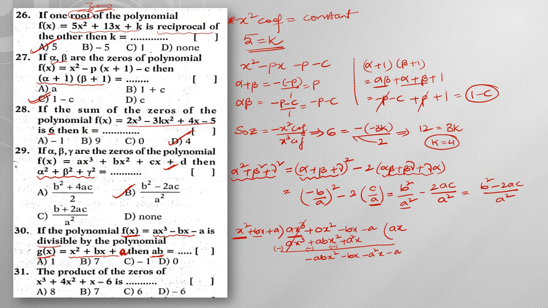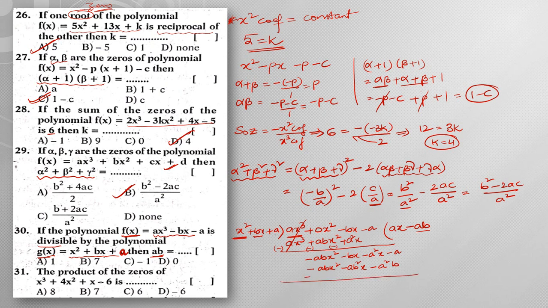To make x square as minus abx square, I need to multiply with minus ab. Then this becomes minus abx square, followed by bx multiplied with minus ab, which is minus ab square x. Next, a multiplied with minus ab gives minus a square b.